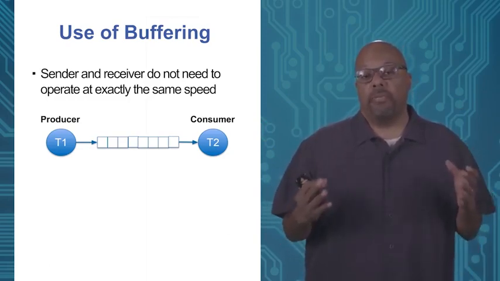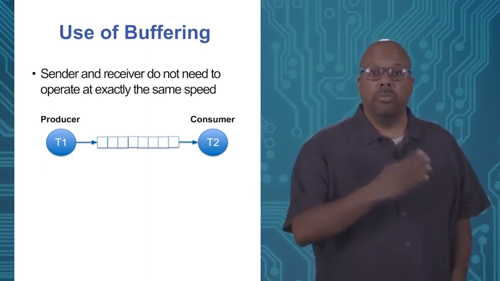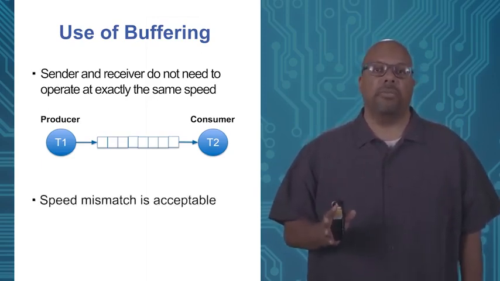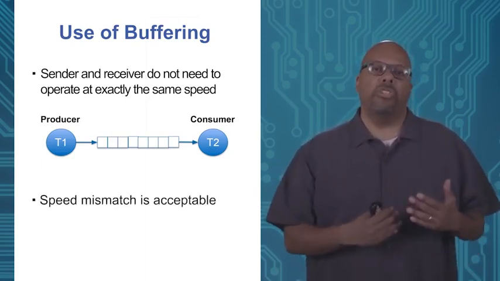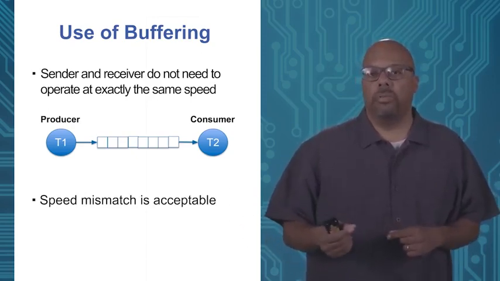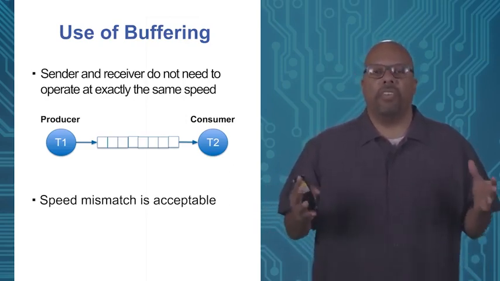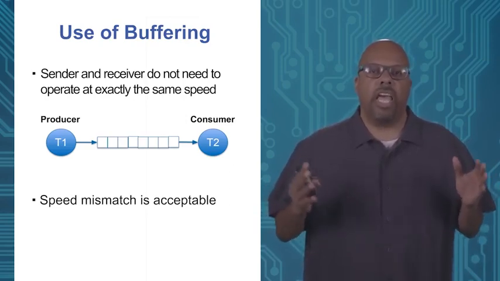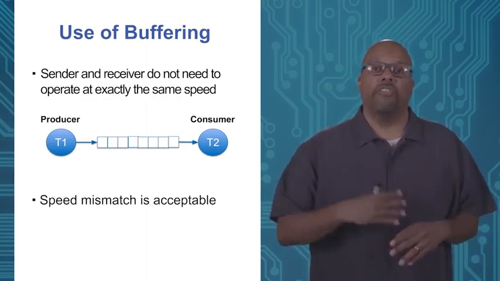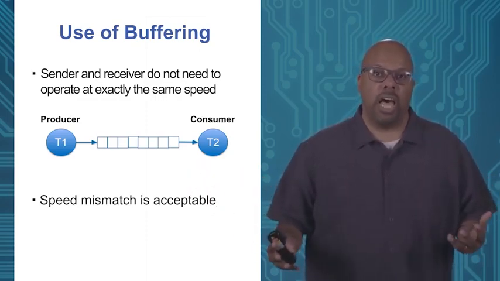Now, if you have a buffer, then a temporary speed mismatch between the producer and the consumer is acceptable. If the producer is a little bit too fast, it'll just fill up the buffer. If the consumer is a little bit too fast, it'll just draw data from the buffer. Since the buffer is finite size, this can't happen forever. If the producer is forever too fast, then it will fill up the buffer and then it'll still have to block.